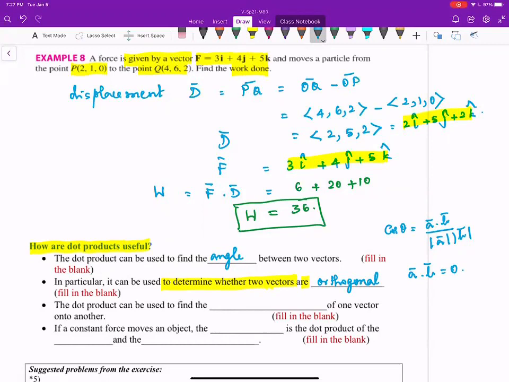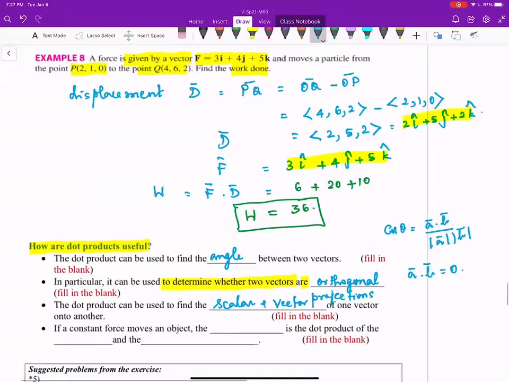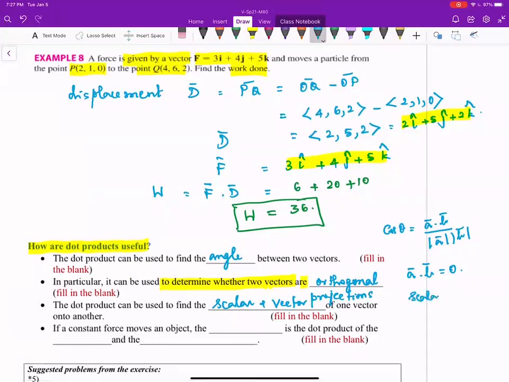The dot product can be used to find the scalar projection and the vector projection of one vector onto the other. We know that the scalar projection is denoted by comp of b onto a, and the vector projection is written as projection of b onto a.